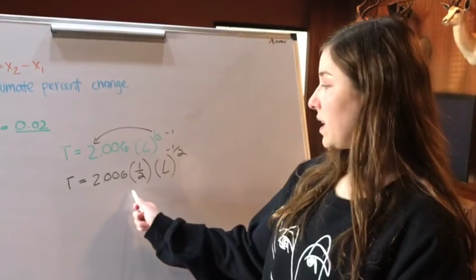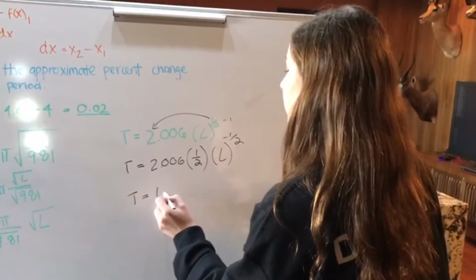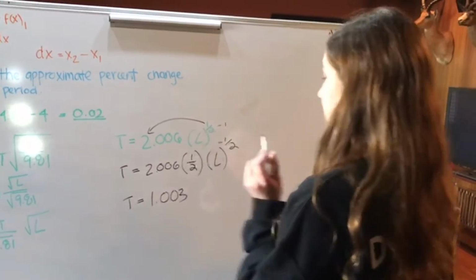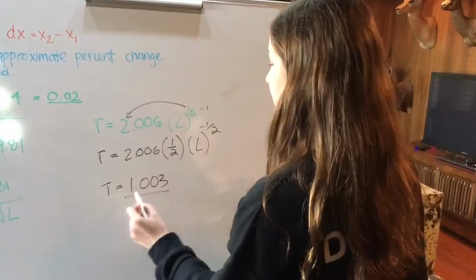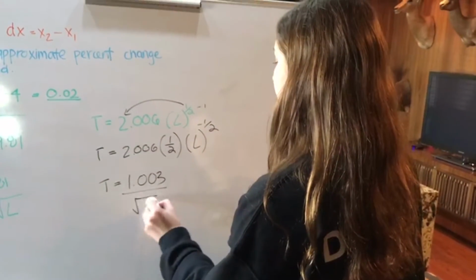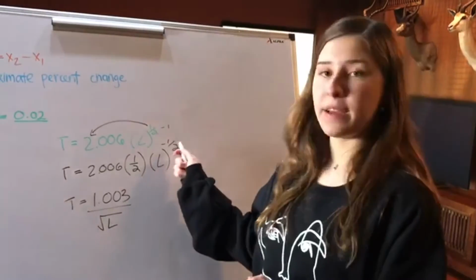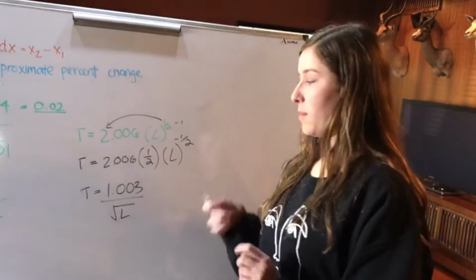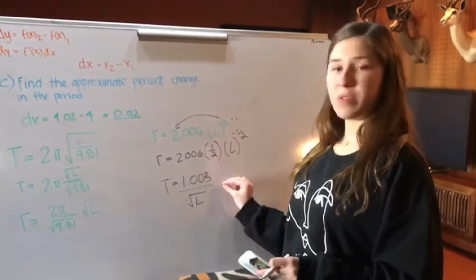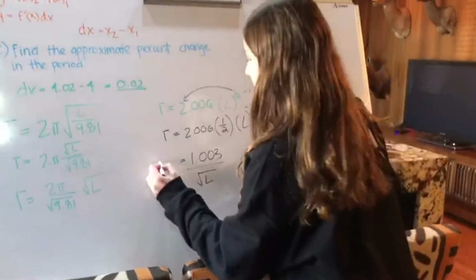If we multiply this, we will have 1.003, and this comes down as the square root of L, because you cannot have negative exponents on top, so you have to move it to the bottom. This function is going to be our derivative.